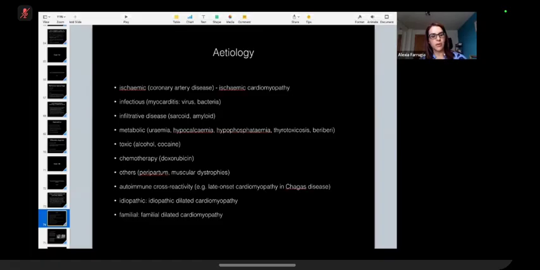A couple of others like peripartum, patients with muscular dystrophies, autoimmune cross-reactivity, and Chagas disease can get a late onset cardiomyopathy as a sequela of that.